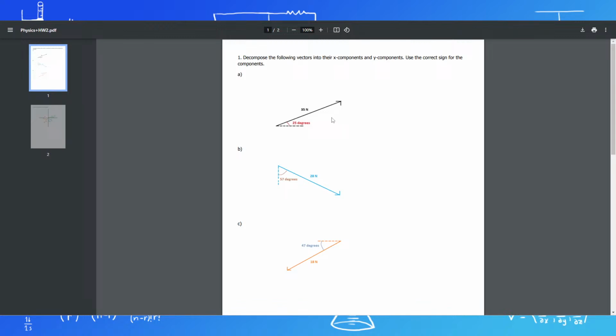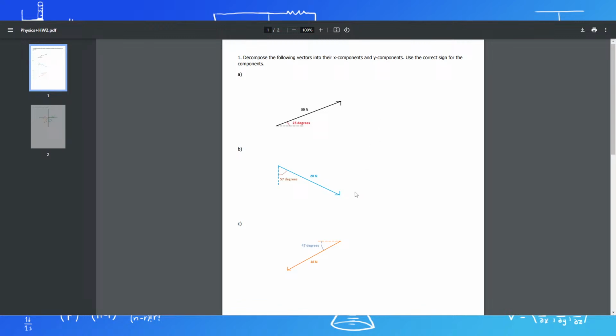So yeah, with this exercise, basically the whole point is to really get used to looking at your vector and recognizing what you'll get from multiplying its magnitude by cosine versus sine. Which components you're getting. Are you getting the opposite component or the adjacent component, and which one is in the x and which one is in the y?